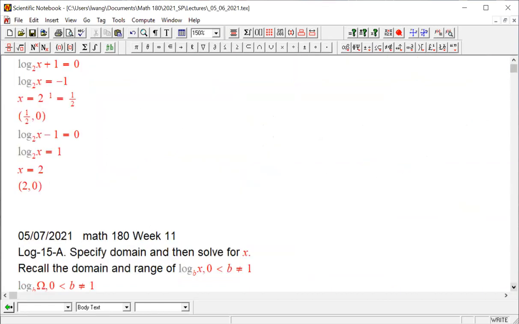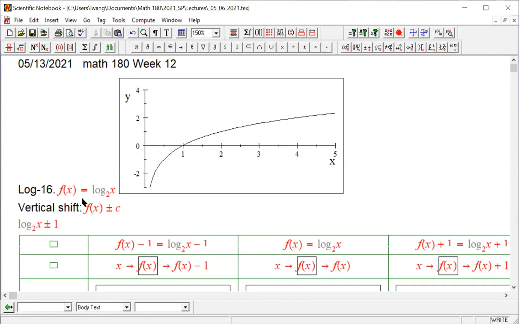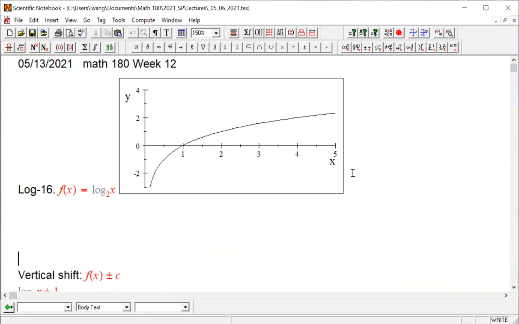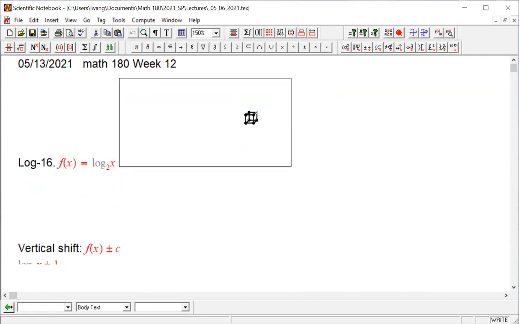All right, so let's look at the other shift. We have this vertical shift, so let's look at the horizontal shift. I'm going to make this just a little bit smaller.